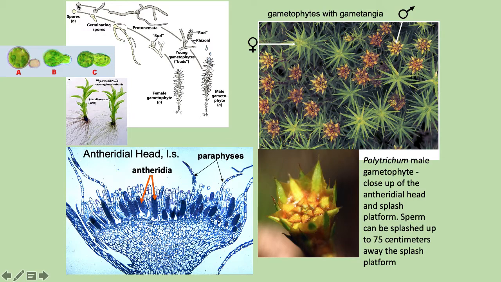Okay, so here are the spores, and you can see that we have male and female spores, and they will germinate. So I found a microscopic picture of them actually going through germination to form a young gametophyte, if you will. So here's the female gametophyte, here's the male gametophyte. If you take a look at this picture, the ones that are yellowish, those are the male, and those are the female.